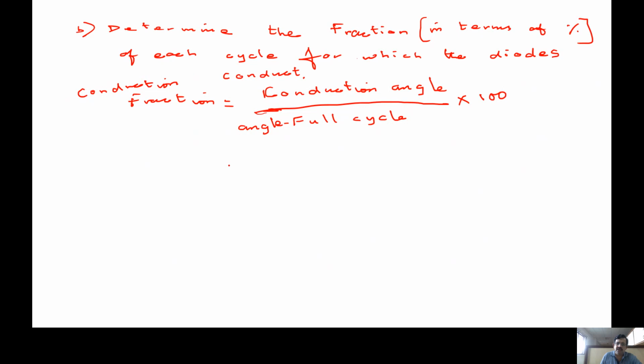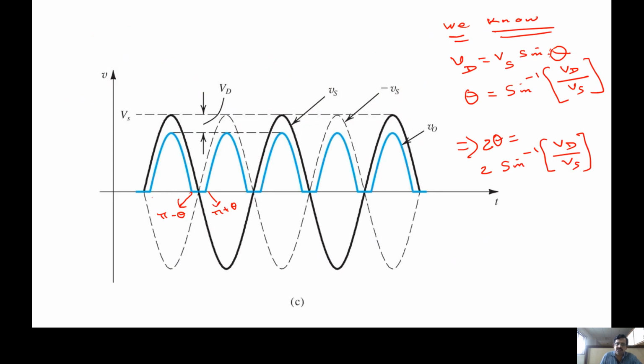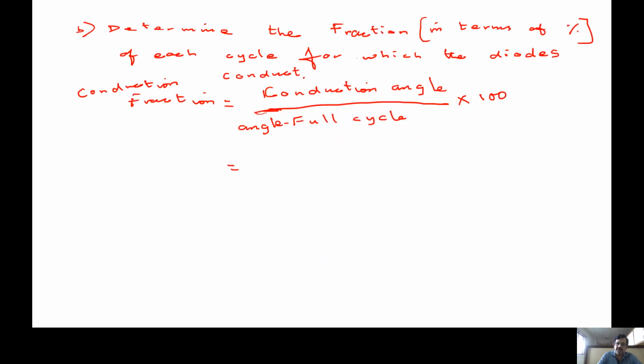So what is the conduction angle? Look at this figure. The total is 360 degrees. So this is 1 theta, 2 theta, 3 theta, 4 theta. So the conduction angle is 2 pi minus 4 theta.